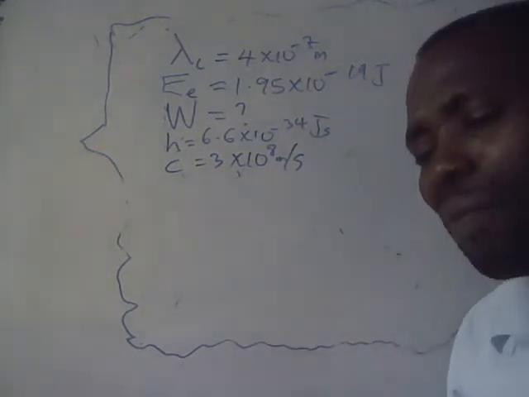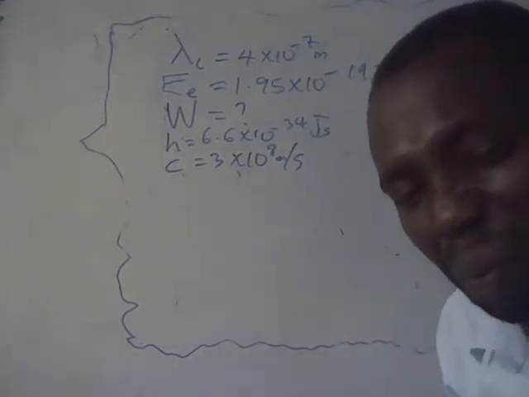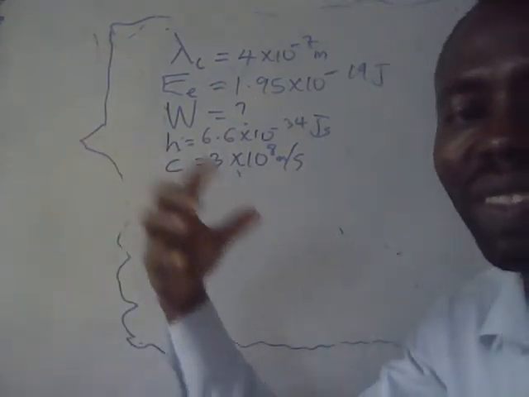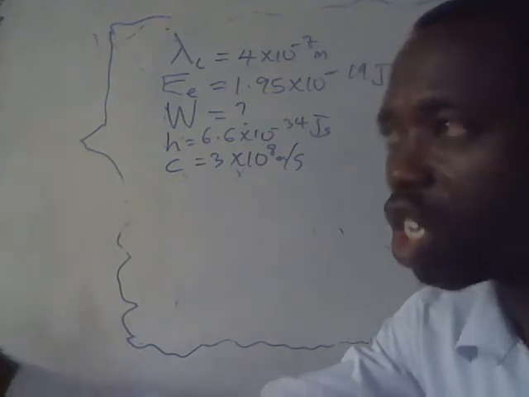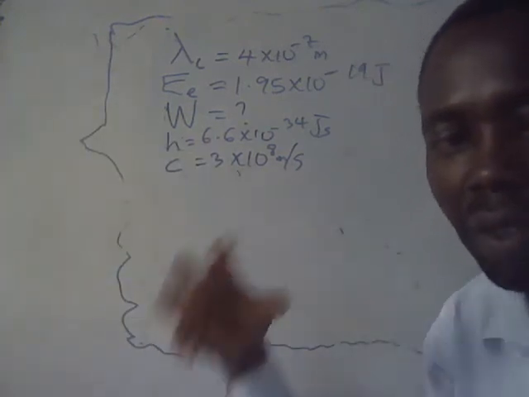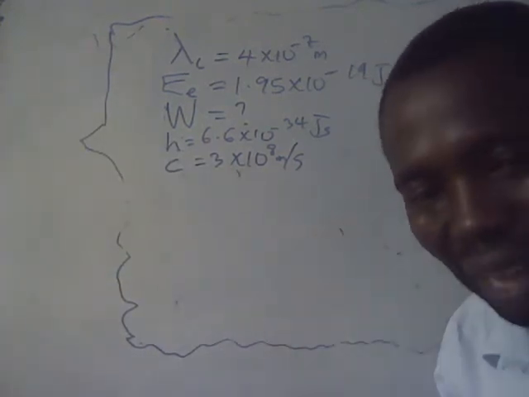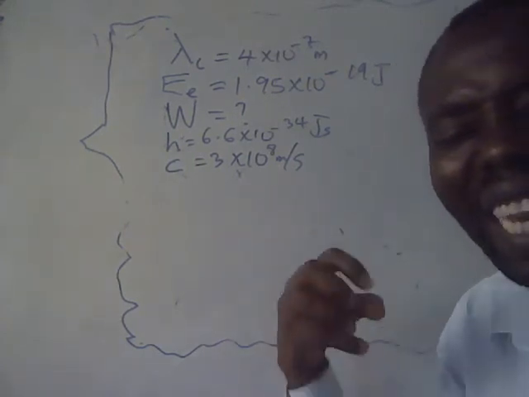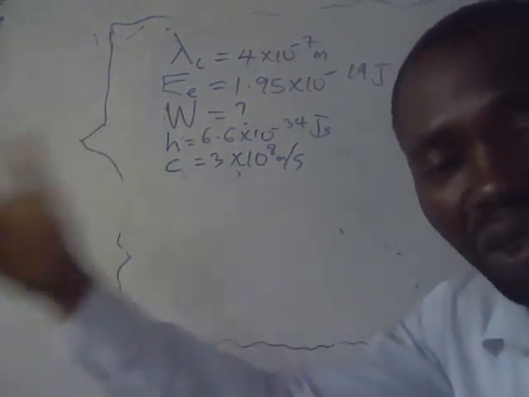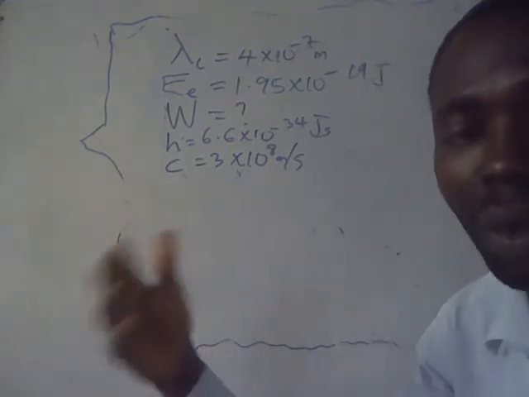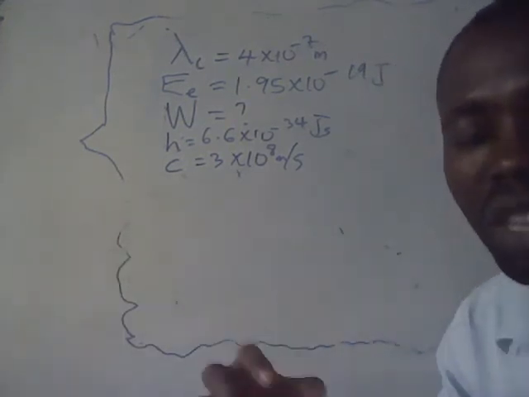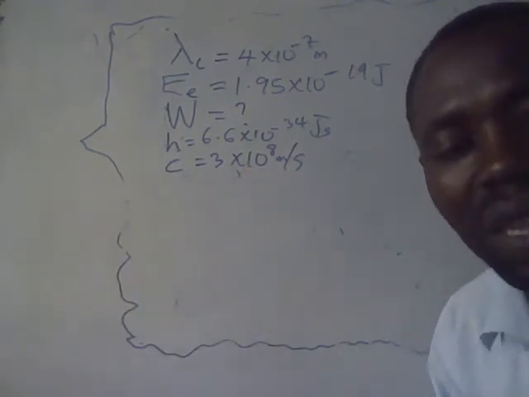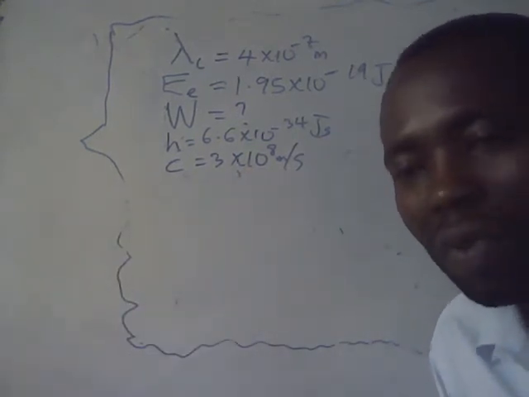You know, the basic principle behind this is this: the energy of the incident light, the energy from the sun that is falling on the metal, is equal to the energy of the electrons released. Electrons will be emitted from the surface of the metal. So it is equal to the energy of the electrons plus the work function of the metal.